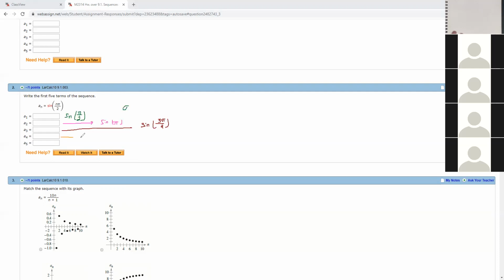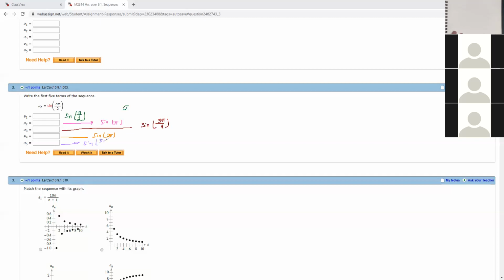And the next one, Brian? It'll be sine 4 pi over 2. And what's that going to reduce down to? It'll be 2 pi. And the last one, Denise, will be sine of 5 pi over 2.